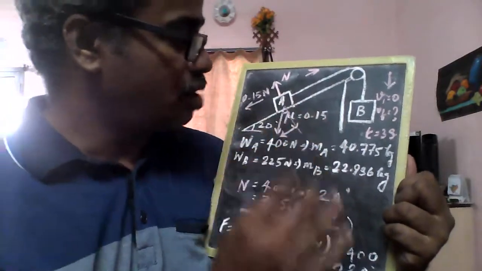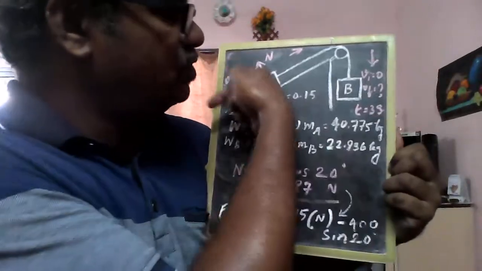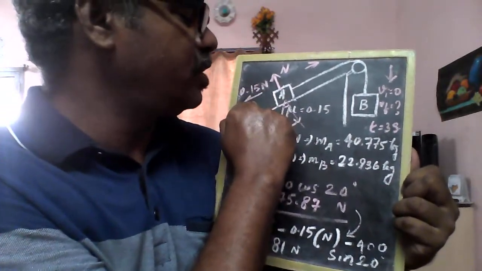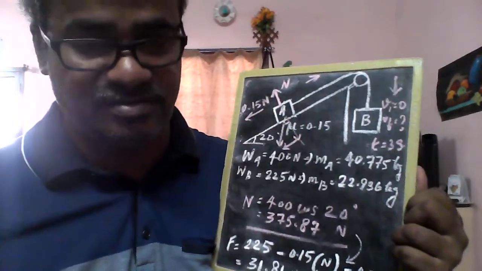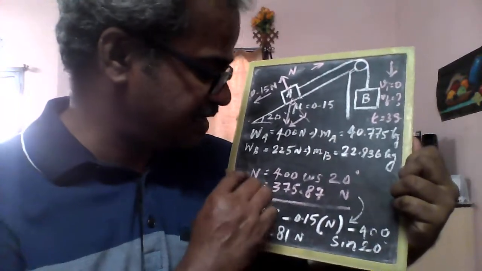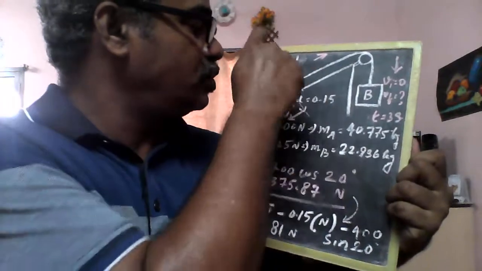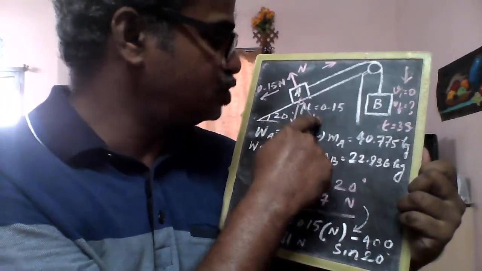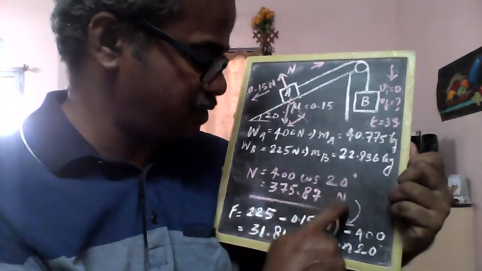Since the body is moving to the right, there will be a frictional force in the opposite direction. The frictional force is the coefficient of friction into normal, that is 0.15 into N. What is N? By resolving, N is equal to 400 cos 20, which is 375.87 newton.